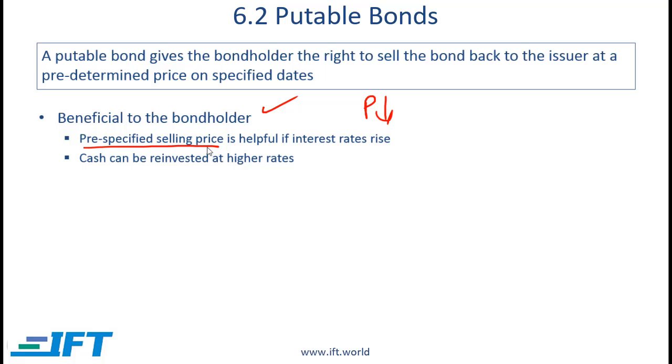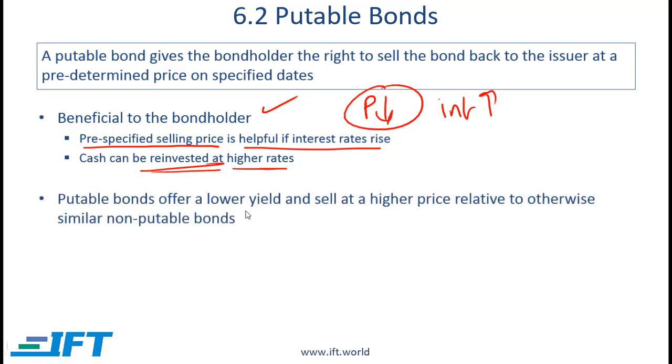This pre-specified selling price is particularly helpful if interest rates rise, and interest rates going up is the same thing as the bond price coming down, so it gives protection to the bondholder. When the bondholder gets his money back, he can reinvest that money at higher rates.